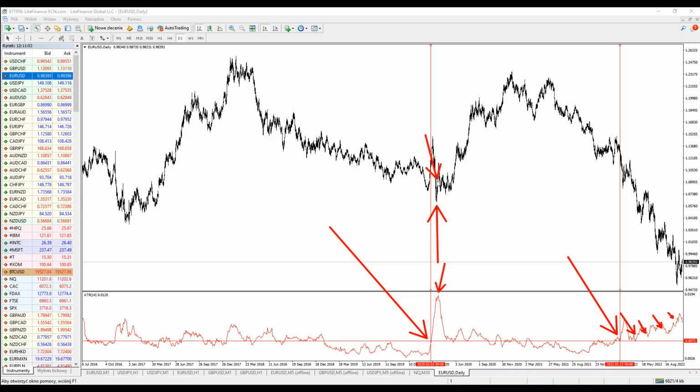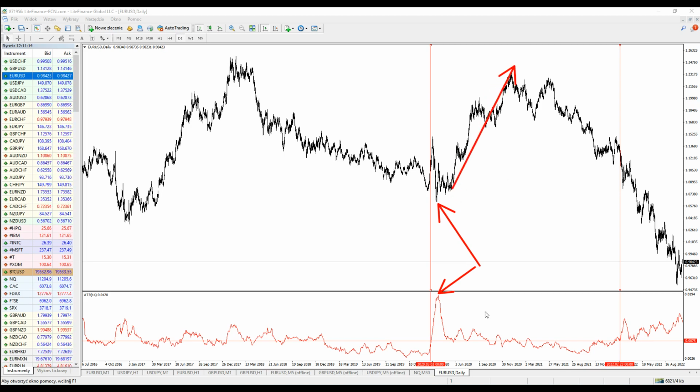So in that case, there was a stop count here, and then we have changed the direction. Again, opposite direction, higher volatility, stop count, and going in the opposite direction.